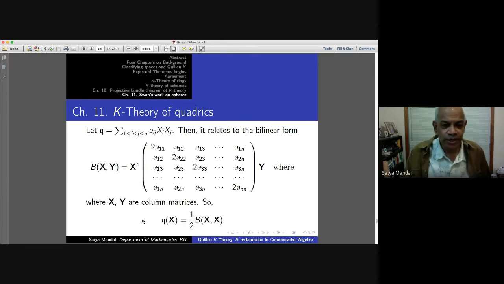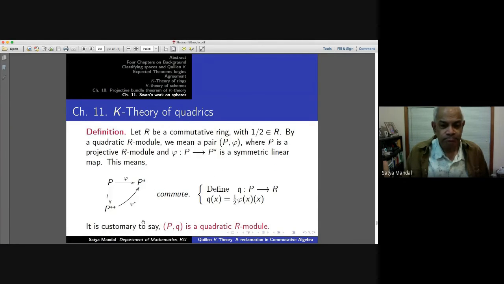So given a quadratic form, you have a symmetric bilinear form, and Qx is 1/2 of Bxx. A quadratic R-module is a pair (P, phi), where I'm just trying to generalize the idea of quadratic forms. We like to generalize.